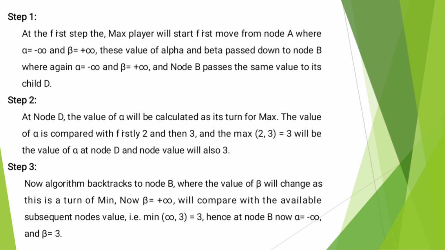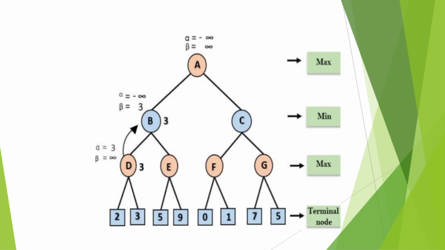Hence at node B, alpha is equal to minus infinity and beta is equal to 3. That is the structure: first level maximum, then the minimum level, with alpha equal to minus infinity and beta equal to 3.